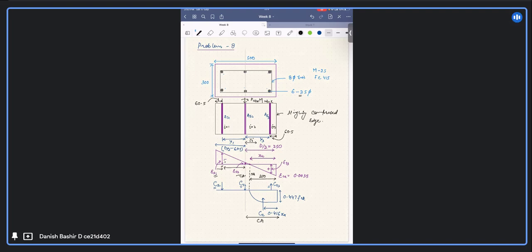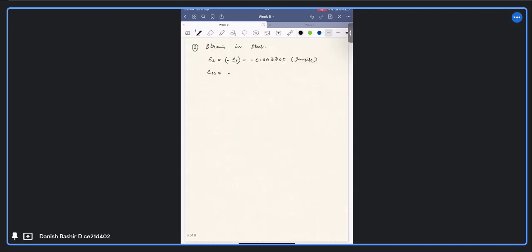So this epsilon S2 we can calculate like this as 0.0035 multiplied by 250. That's D by 2, minus 210.6, divided by 210.6. Okay, this is similar triangles like this.